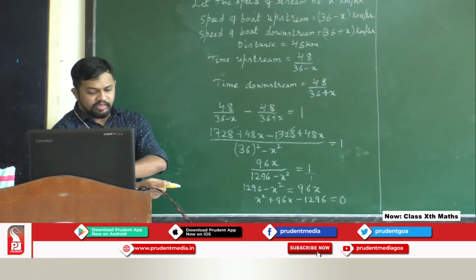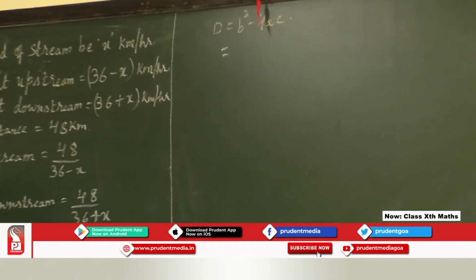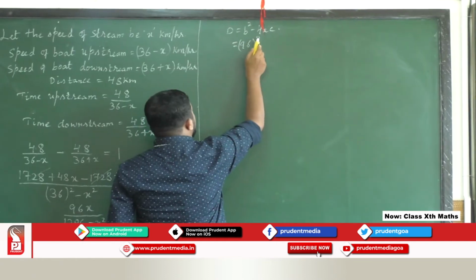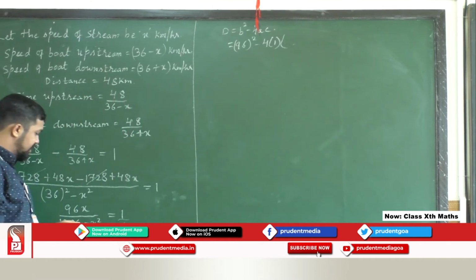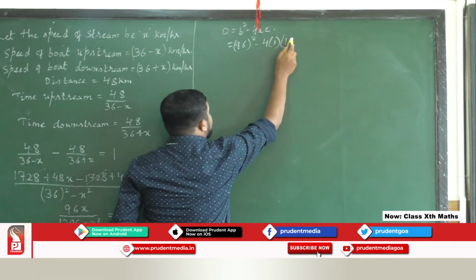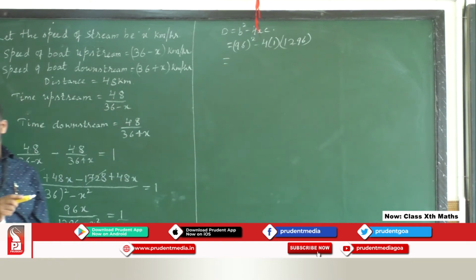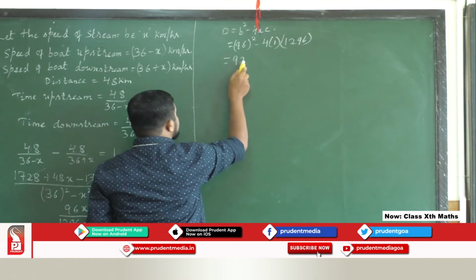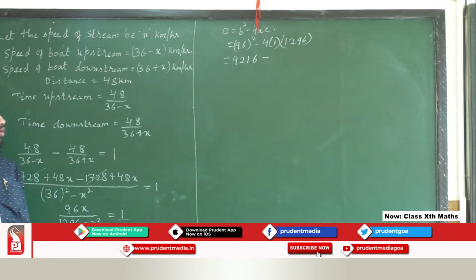Use your method. So D. Identify your A, B, C terms. So 96 square minus 4AC, that is 1296. Let us find 96 square. 96 square will be 9216 minus 4 into 1296.